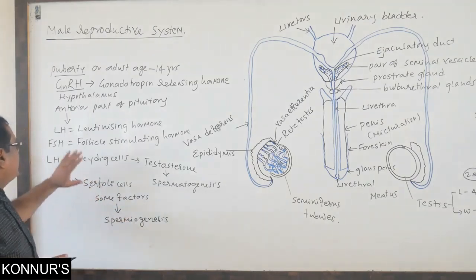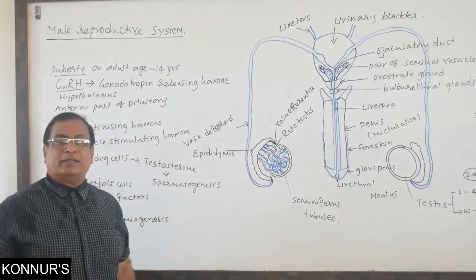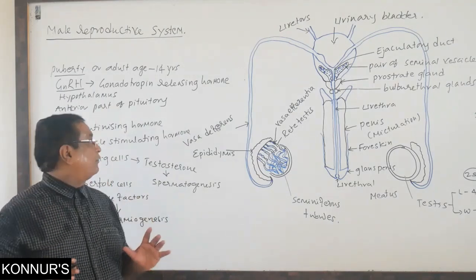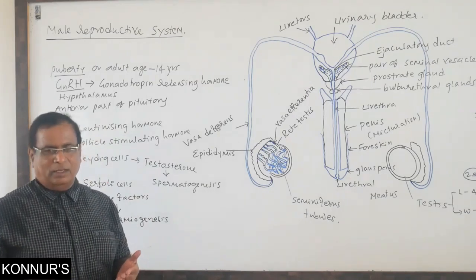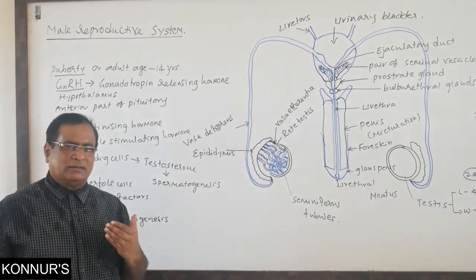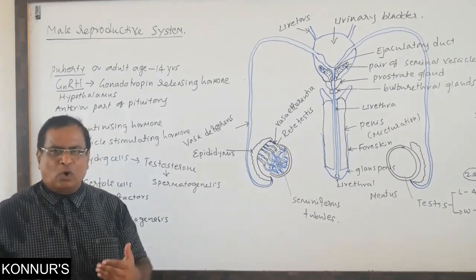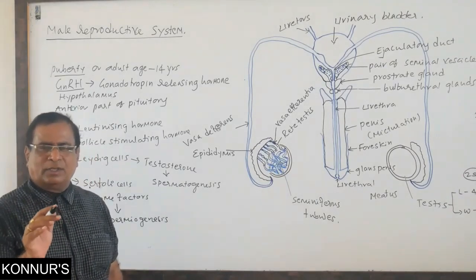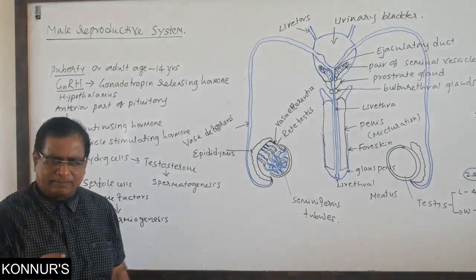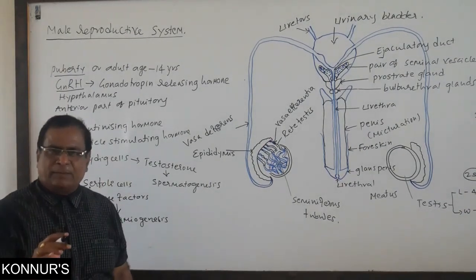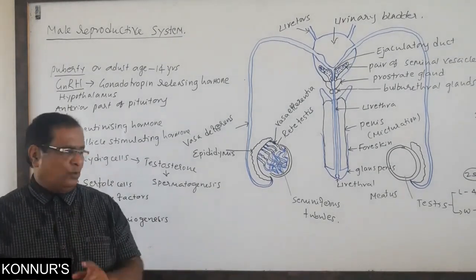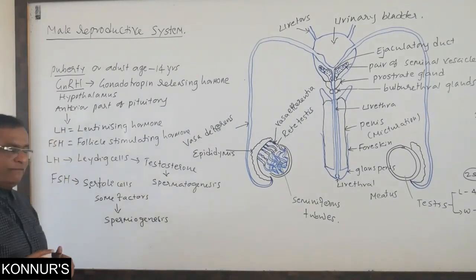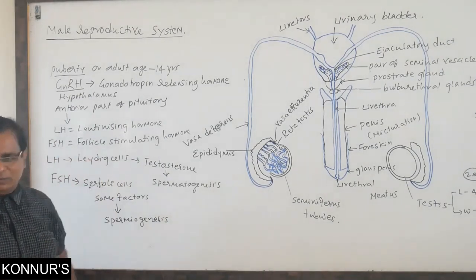This is the role played by the hormones of the pituitary as well as the hypothalamus at the time of puberty. When males reach puberty age, gonadotropin releasing hormone is produced by the hypothalamus and stimulates the anterior pituitary. The pituitary produces two hormones: LH, luteinizing hormone, and FSH, follicle stimulating hormone.